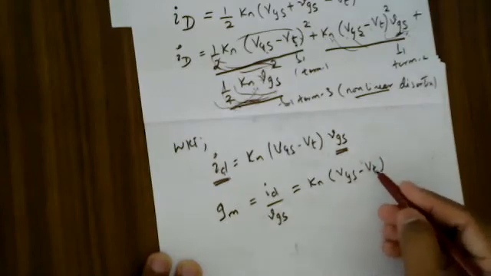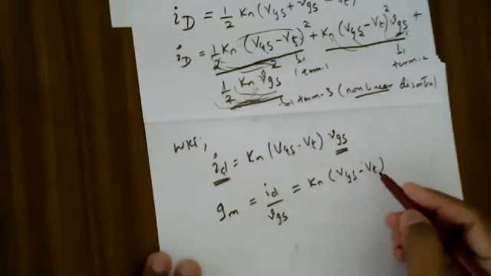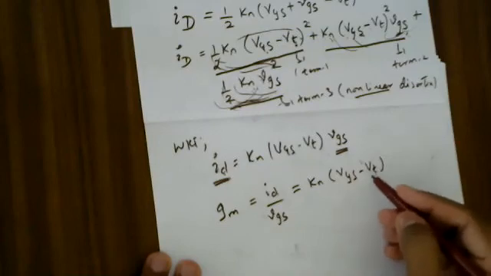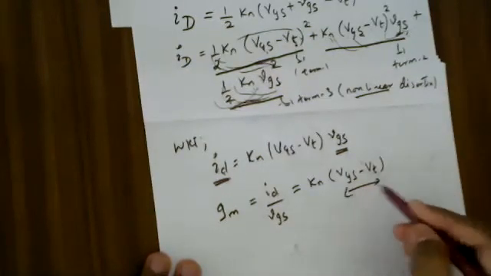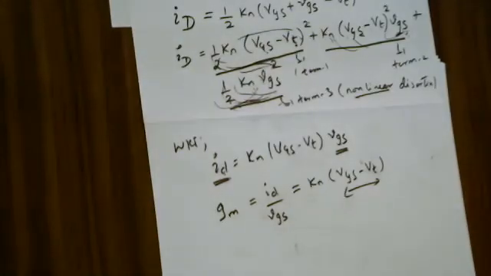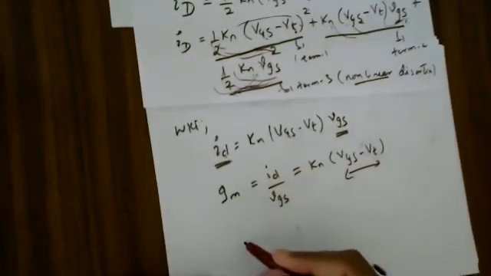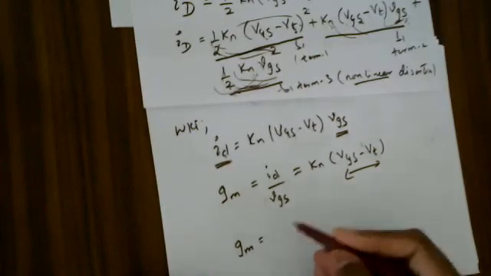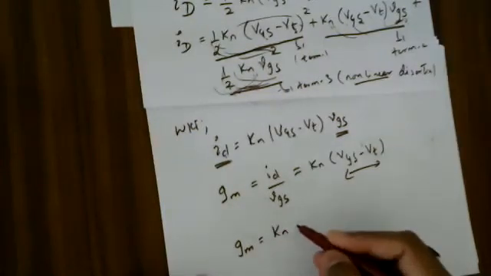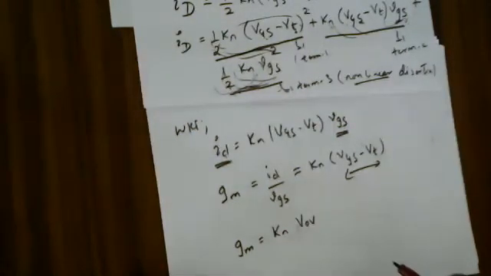Now, what is this VGS minus VT? Answer in the group chat. What is this term indicating? Yes, good, Puja. So this is indicating your VOV. So if I want to write my transconductance in terms of overdrive voltage, I can write this as Kn into VOV.